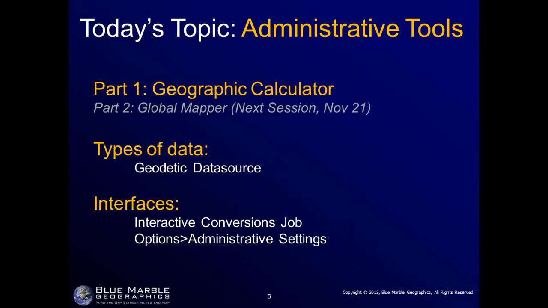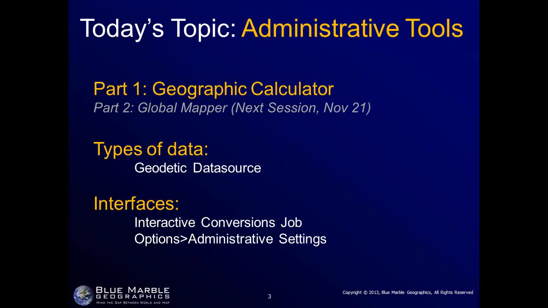So we're going to do something a little different today. That's right. Today we are going to be doing part one of a two-part series. These parts of our webinars for November are actually going to span the two different products. For those of you who are currently working in both Geographic Calculator and Global Mapper, the way this is going to work is we typically do a Global Mapper session and a Geographic Calculator session once each during a month.